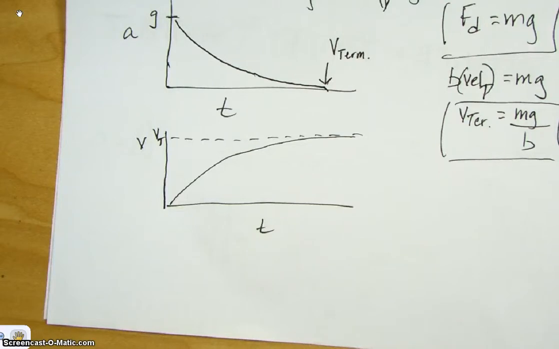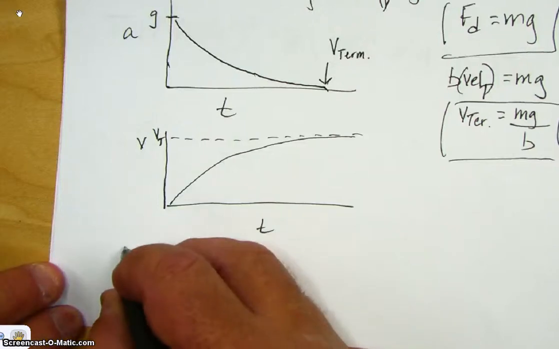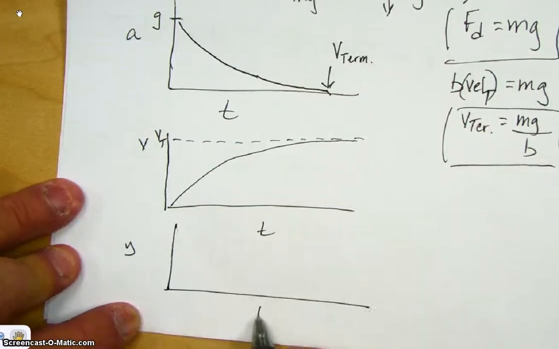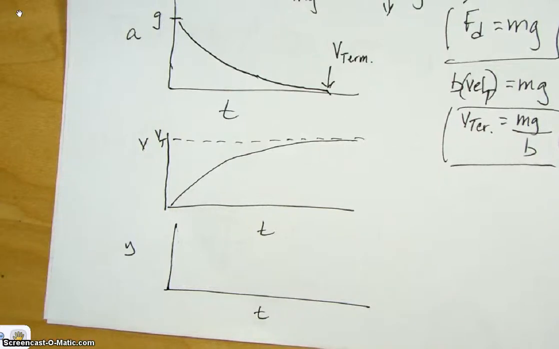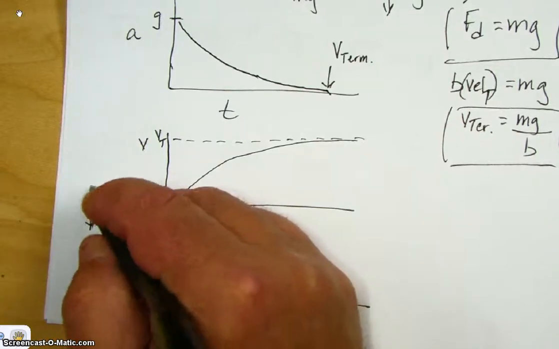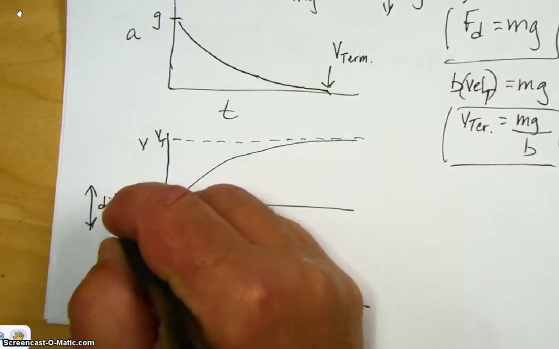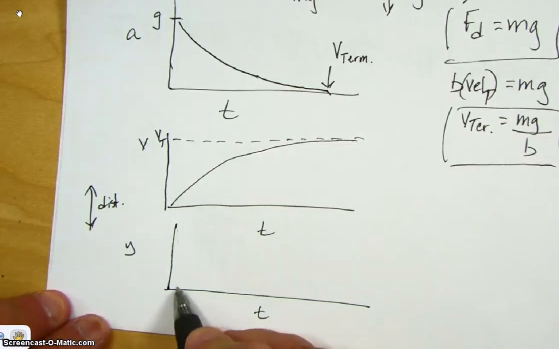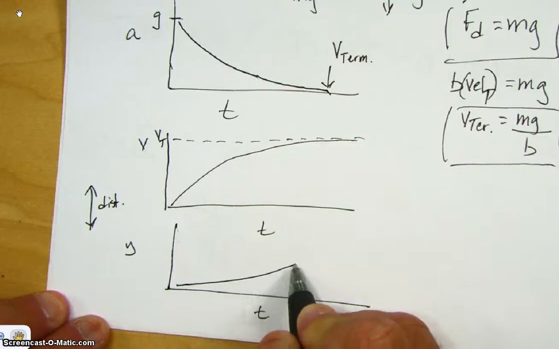Now, for y versus t, in other words, I'm talking about y as the distance in this direction. So it's essentially the up and down distance. Well, what's going to happen now is you are going to accelerate.